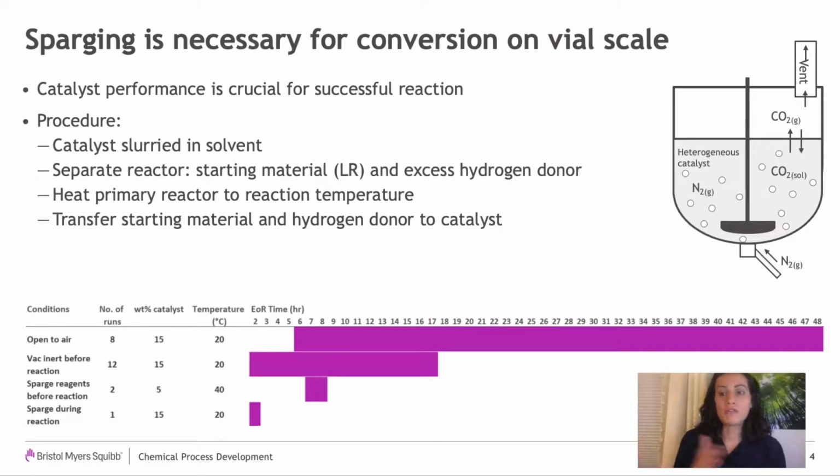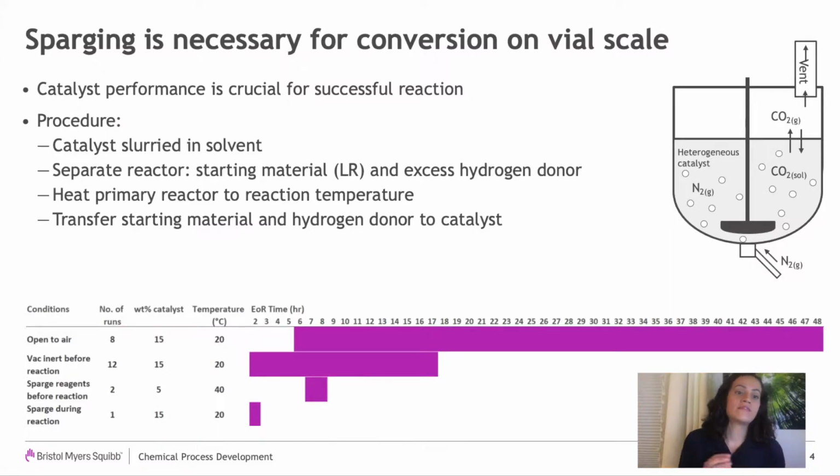That incredible variability was due to not purging CO2 from the liquid phase. So this is confirmed pretty much by vac inertion before the reaction, not really reducing variability that much. It helped us complete the reaction, but we still saw reaction times from 2 to 17 hours. That variability is not scalable.